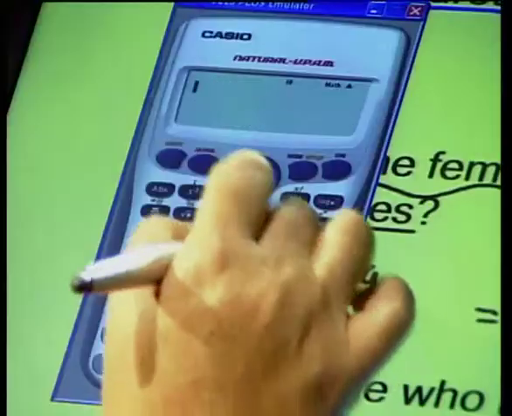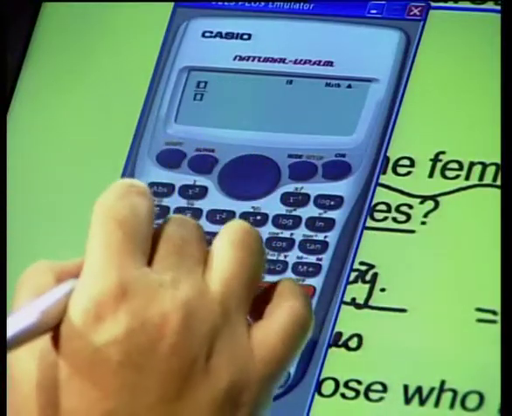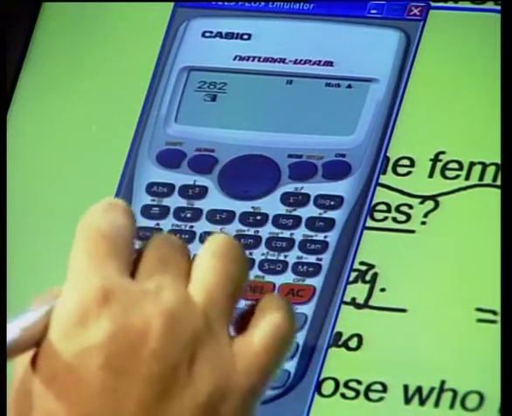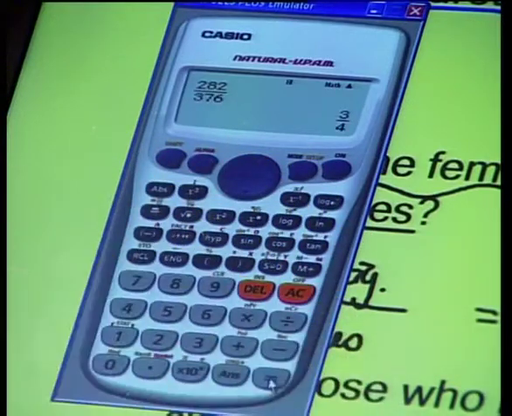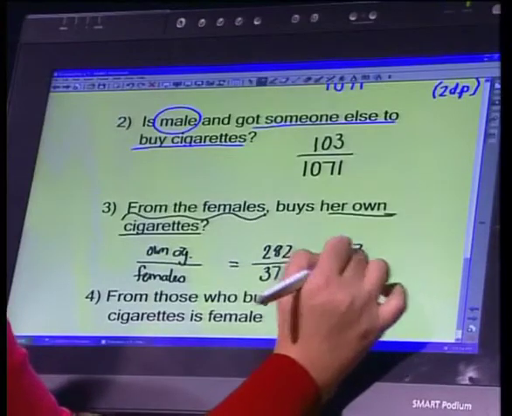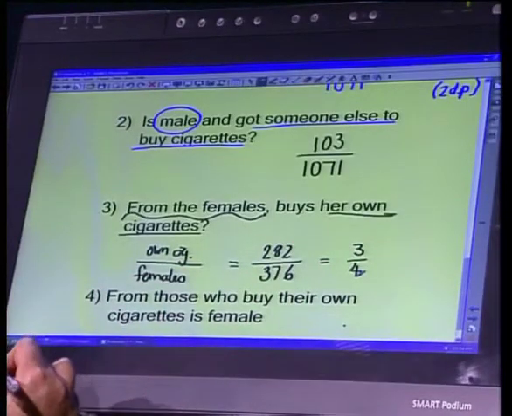Now I know, because they're both even numbers, that that number can be simplified. So again, I can get onto my calculator and see what it would be. 282 over 376, push equals, and that tells me that 3/4 of the women bought their own cigarettes.